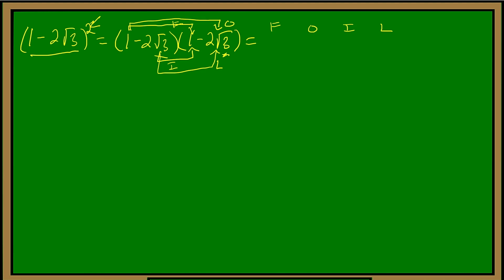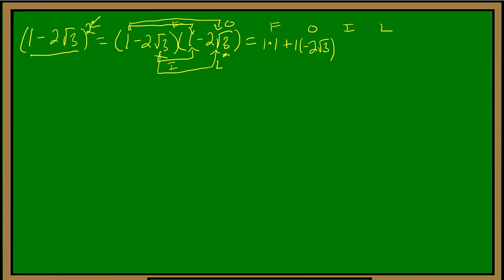So 1 times 1 is what is F. Then you're going to do O, 1 times negative 2√3. So it's going to be plus positive 1 times negative 2√3. Okay, if it's going too fast, stop. Look at the arrows carefully. Then for the I step, it's going to be negative 2√3 multiplying the 1.